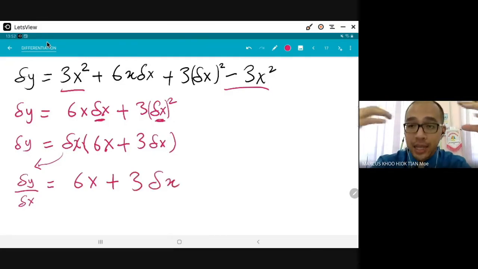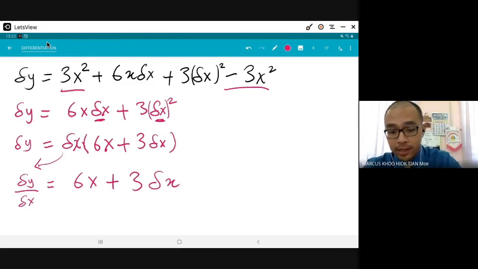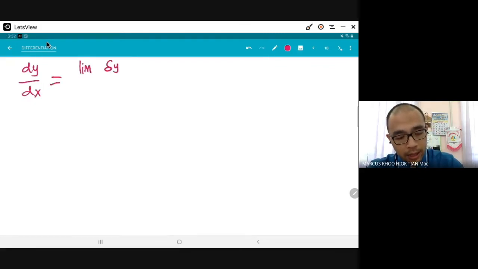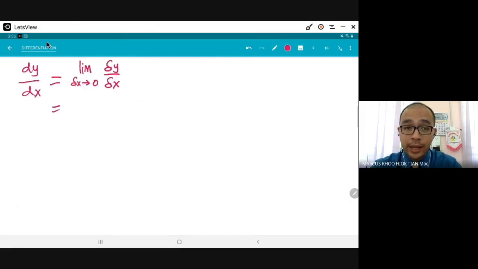And this is the equation that we want, because after this, you have to find the limit. So dy/dx is equal to the limit of del y over del x apabila del x menghampiri 0. And what is del y over del x? 6x plus 3 del x.